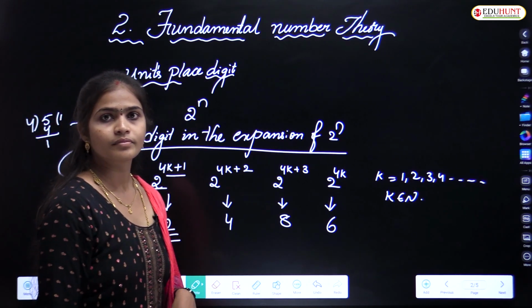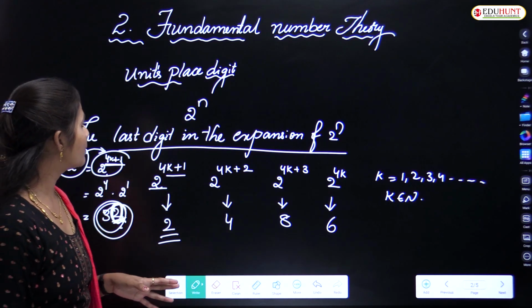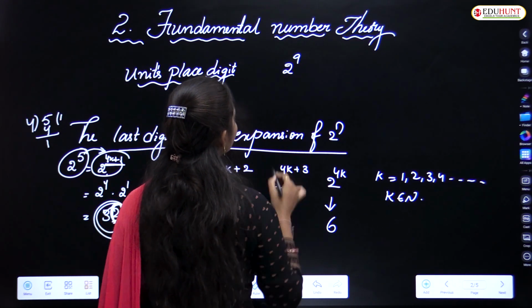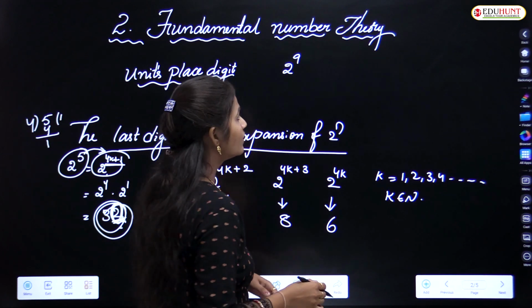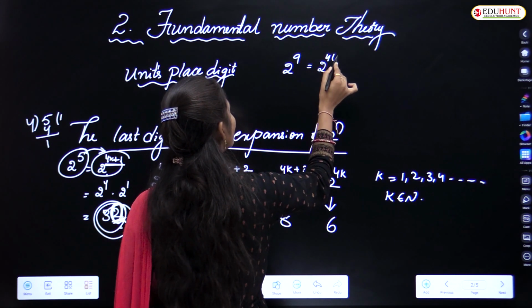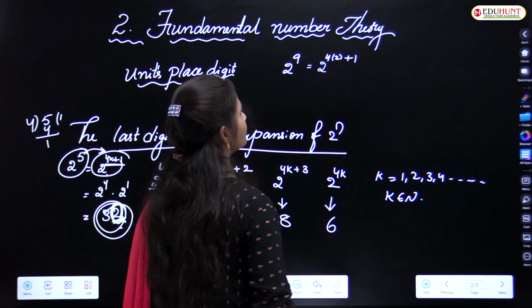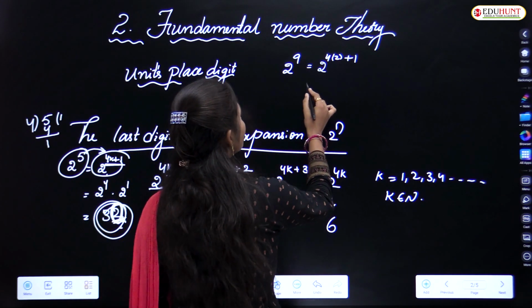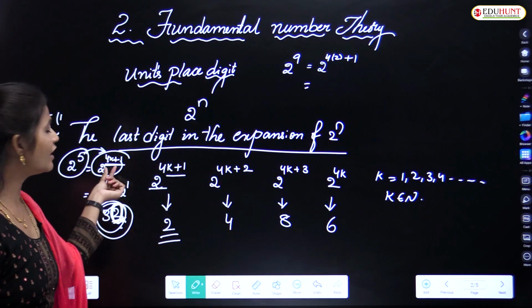Is it clear? Okay, another number I will take here: 2 power 9. You can write 2 power 9 as 2 power 4 times 2, which is 8, plus 1. Now this is again in the form of 2 power 4k plus 1.